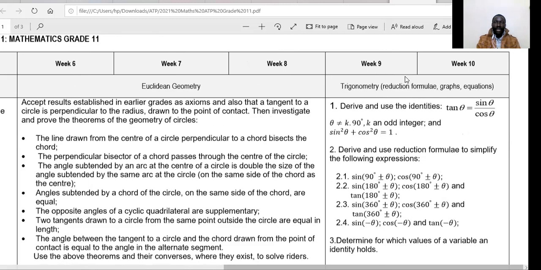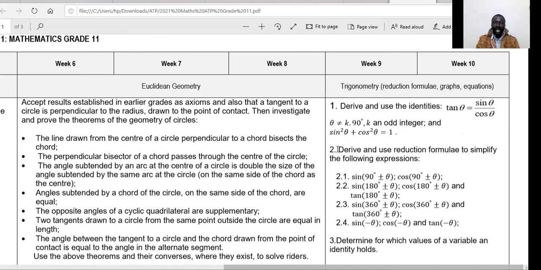Then following the next week, which is week 9 to week 10, the topic will be trigonometry. Now in trigonometry, we will be looking at deriving and using the trigonometrical identities. The first one being tan theta equals sine theta divided by cos theta, cos theta not equal to zero, okay? Plus these other definitions here.